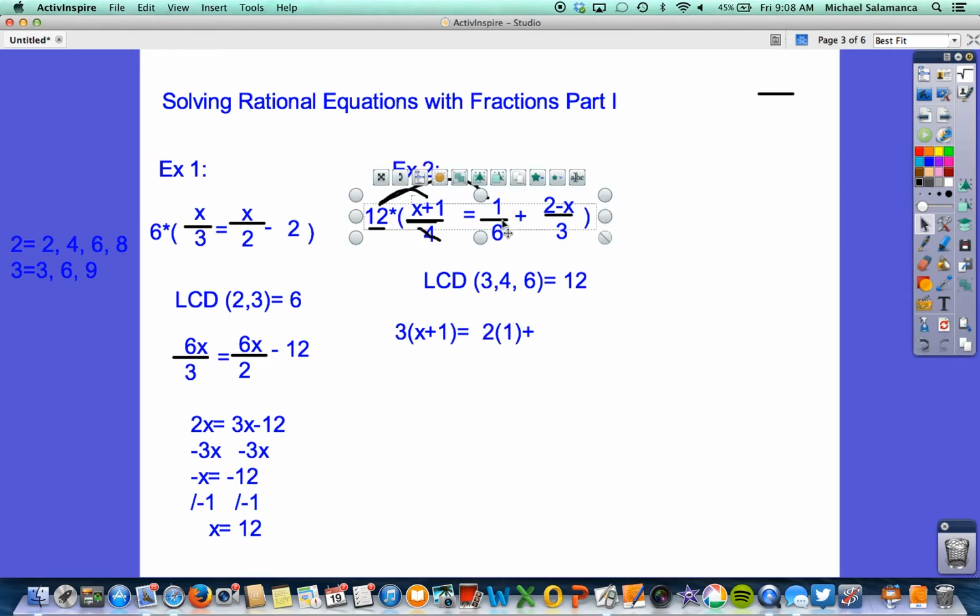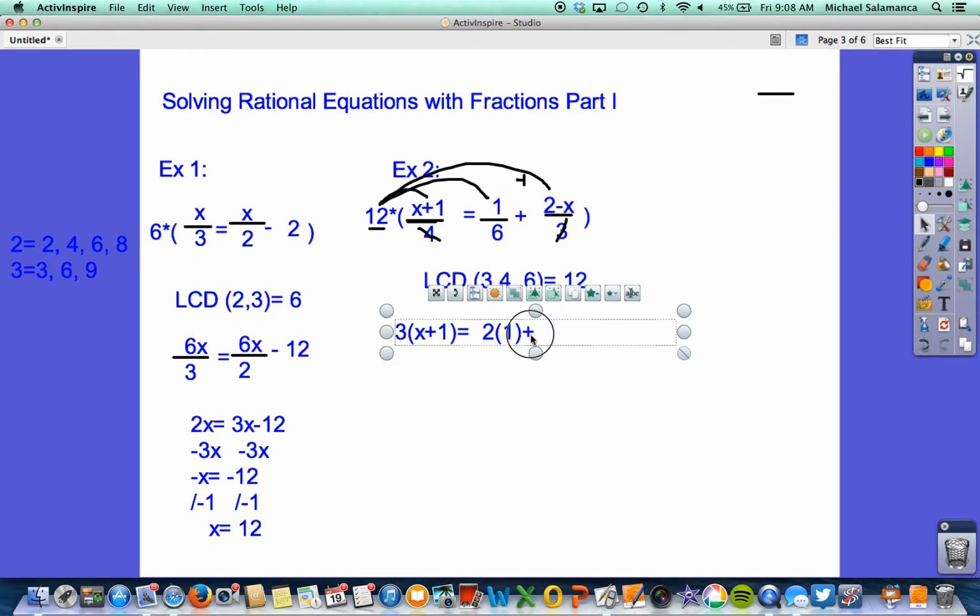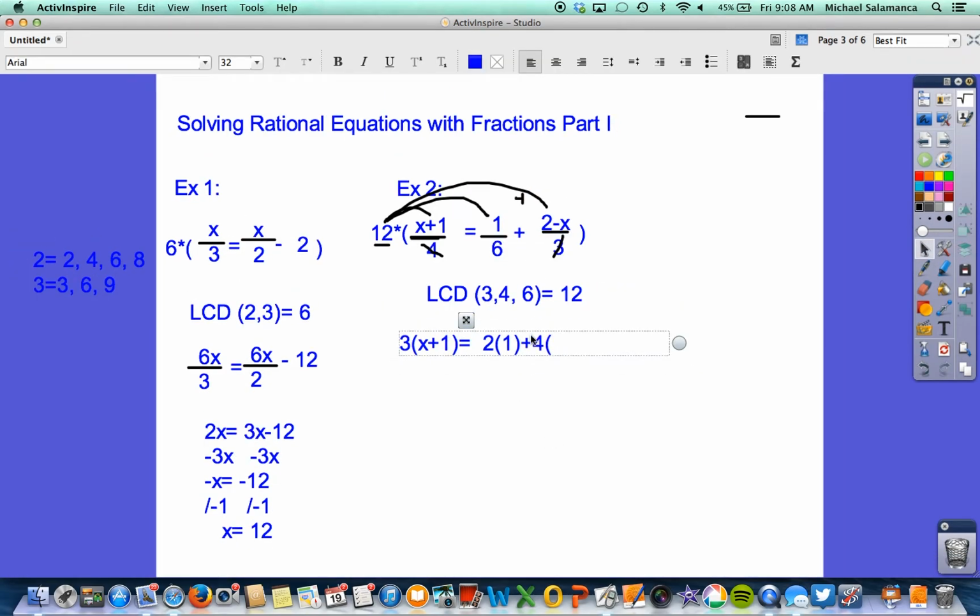The last part, we're going to distribute that 12 to the quantity 2x minus 1, all divided by 3. You'll notice 12 divided by 3 leaves you with a 4. So we are left with 4 times 2 minus x.